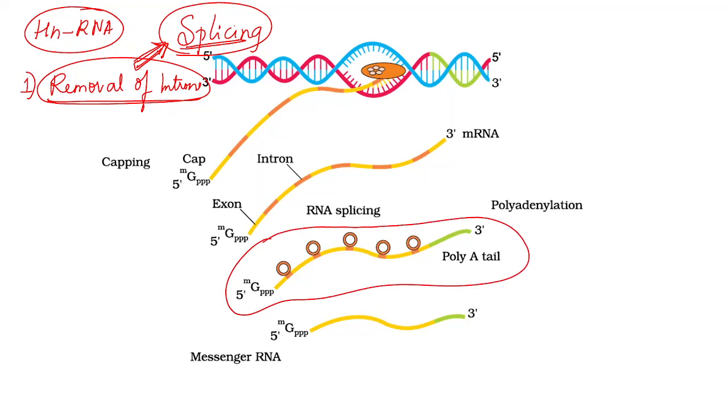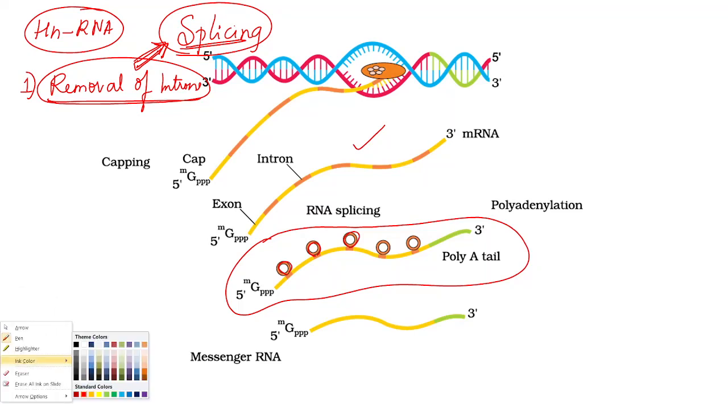Introns are there in the earlier one, but here introns are removed by means of making a loop. During this loop formation, what exactly happens? I will show you.